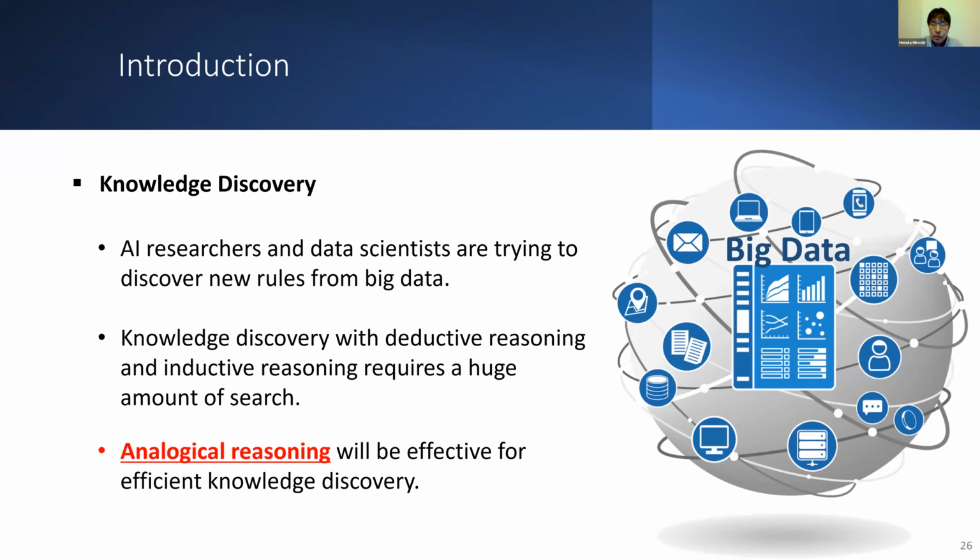These include web articles, social media, and videos, etc. AI researchers and data scientists are trying to discover new rules from big data. Knowledge discovery with deductive reasoning and inductive reasoning requires a huge amount of search. We think analogical reasoning will be effective for efficient knowledge discovery.